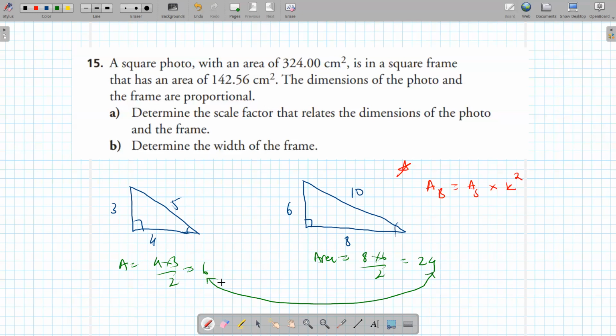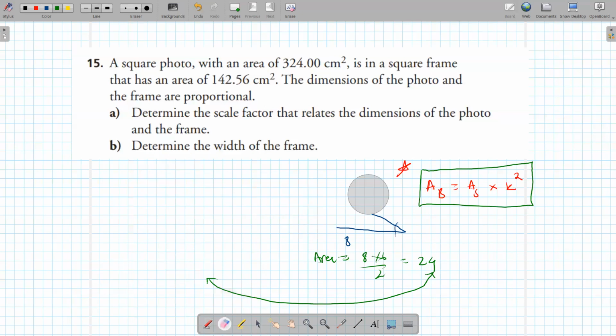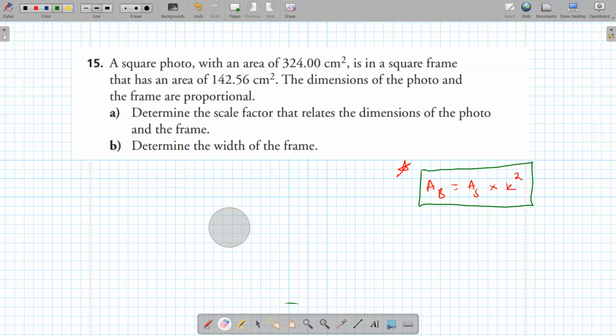In other words, it's k squared. Area big is area small times k squared, not just k. Side lengths are going to be k, but areas are going to be k squared. So using this idea, we're going to solve this problem.